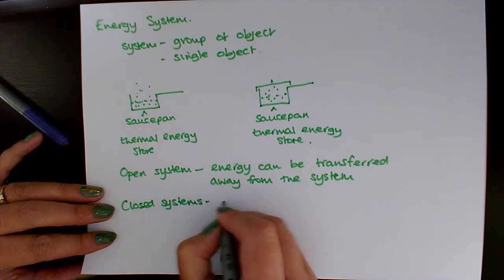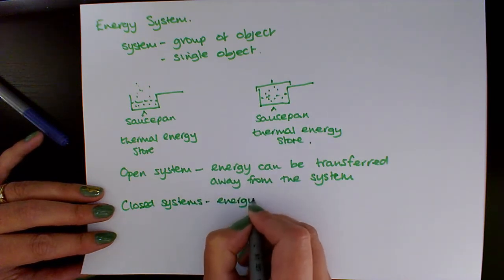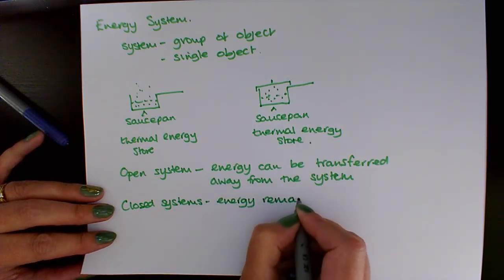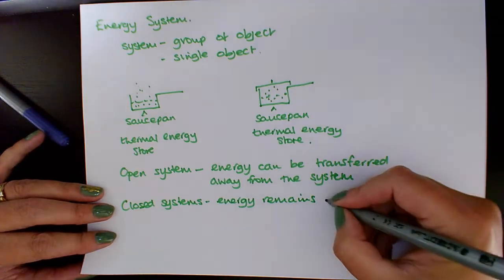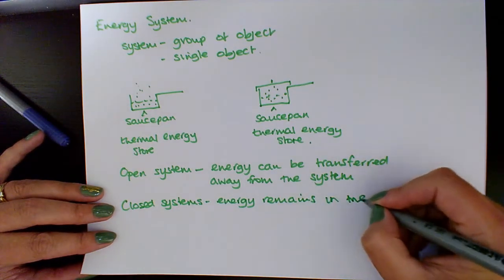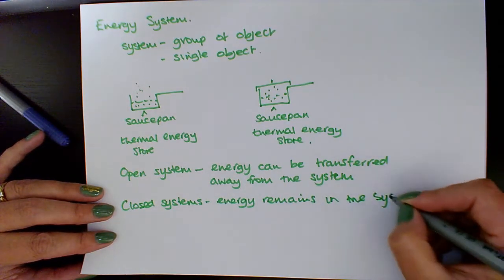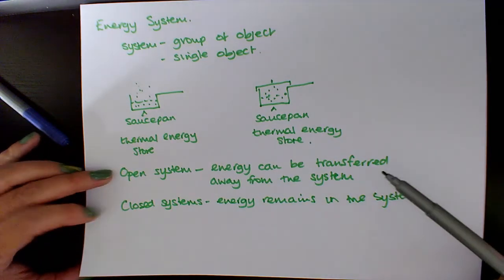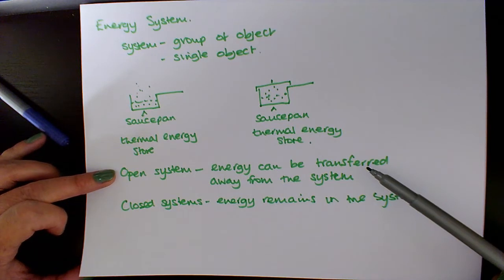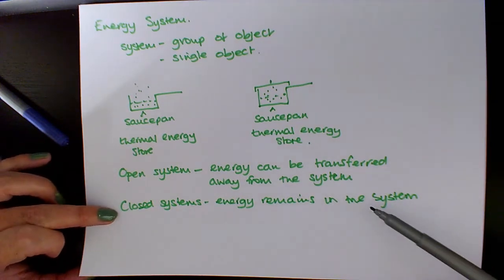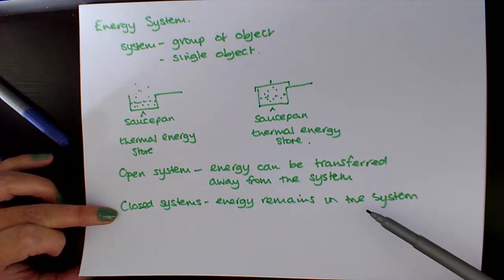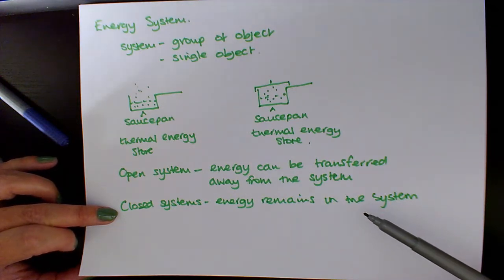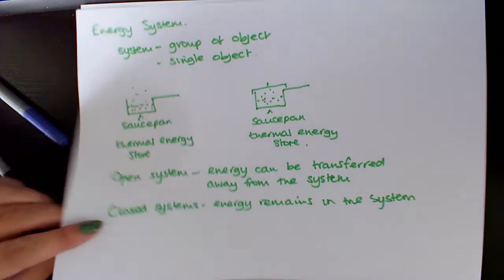So in closed systems, energy remains in that system. Okay, best way of dealing with this is if there is a door or a window open, it is an open system. If everything's closed, it's a closed system. Generally, all of our examples will deal with closed systems.